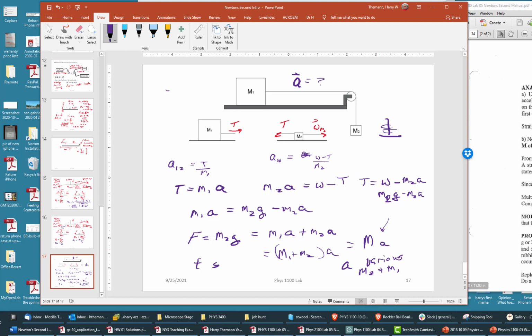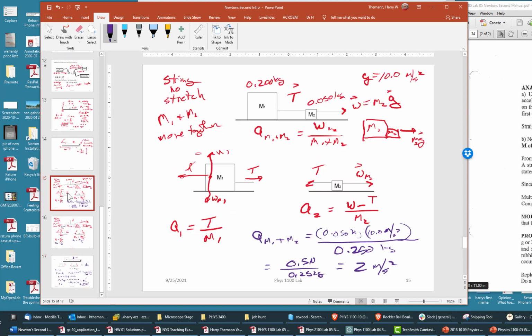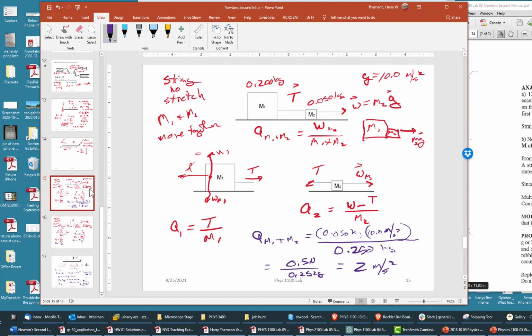All of this is part of the background, the pre-lab. So in your pre-lab, you'd like to see this derivation, and it's basically that, starting with this picture, we can calculate the total acceleration of the system, knowing the forces, and the only external force is the weight of M2.